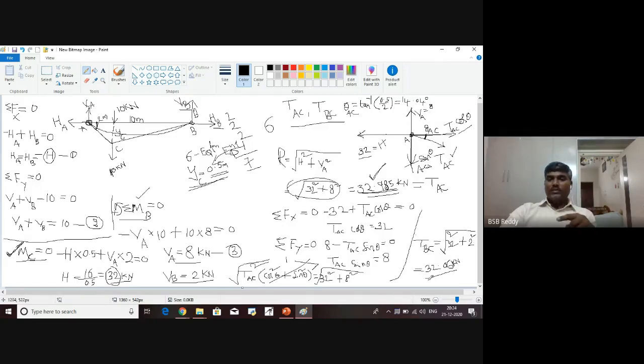Here 32.985, here it is 32.06. So the maximum force is developed in portion AC of the wire. So if the cable is weak, where will it fail? Between A and C. BC will not fail. First AC will fail, right?